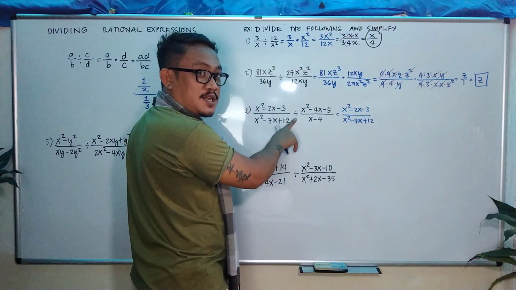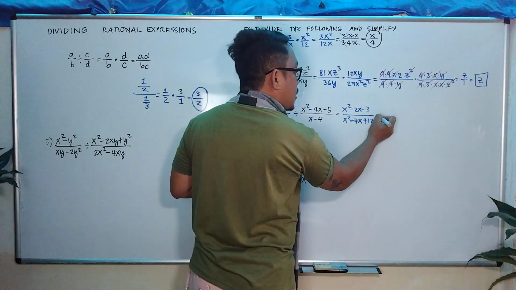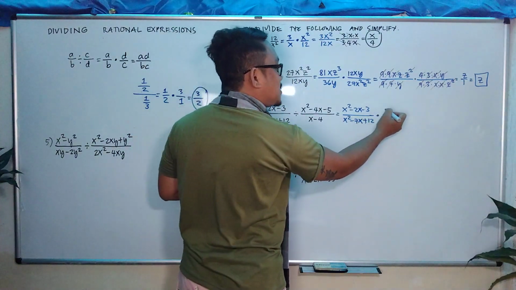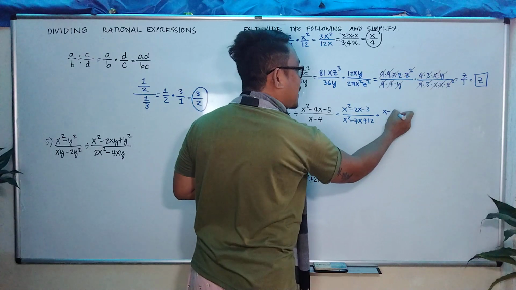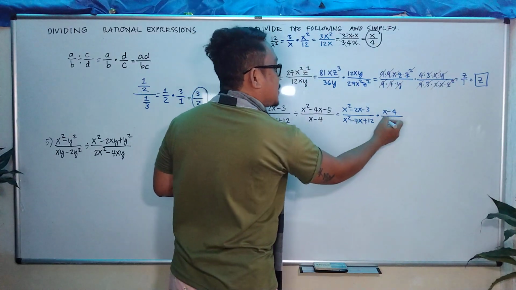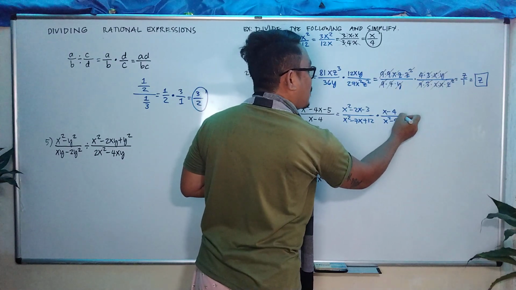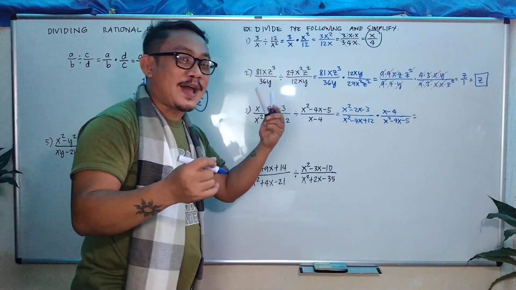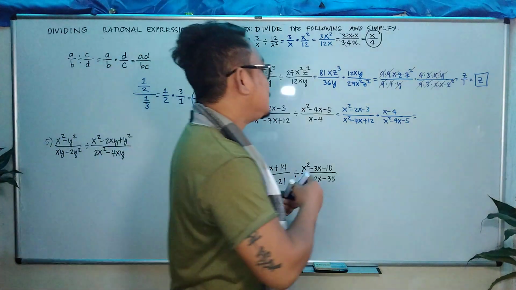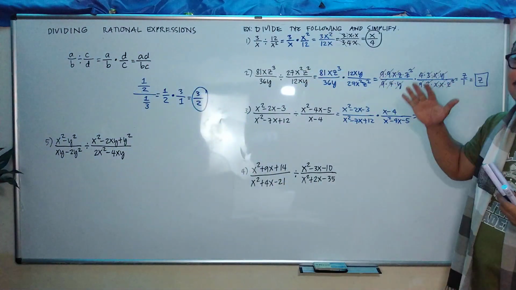From division, it becomes multiplication. Then the reciprocal: x minus 4 on top over x squared minus 4x at the bottom. The same process, but here we need to be accurate in our factoring.